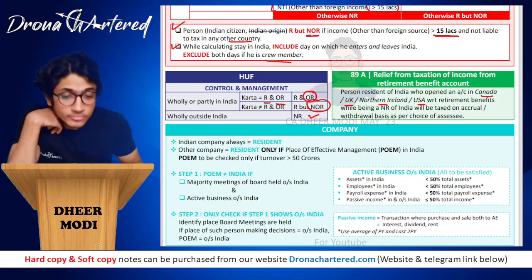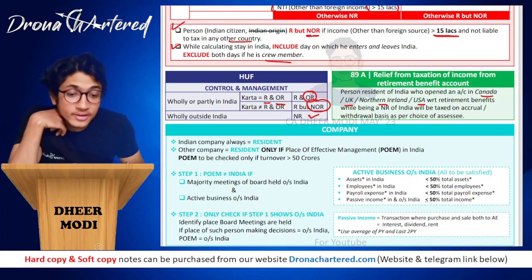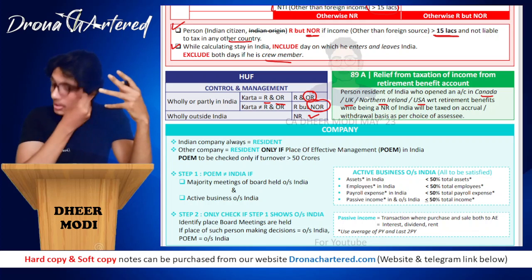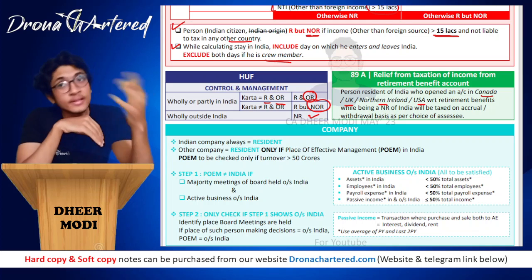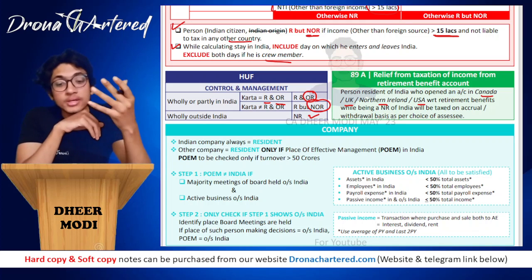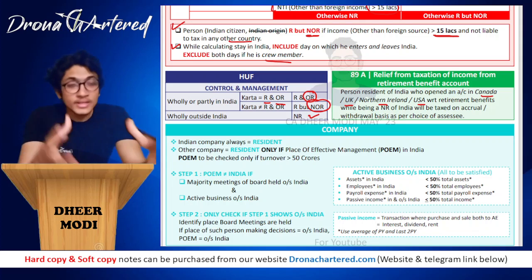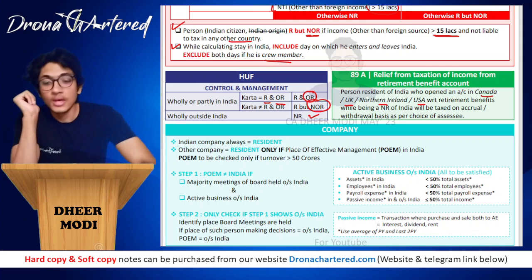So retirement benefits received while being a non-resident of India will be taxed on accrual or withdrawal basis as per the choice of the assessee. It will be his choice because now he is a resident of India and that income will be taxable. So it will be his choice when he wants to pay tax, when the income accrues or when he actually withdraws the income.